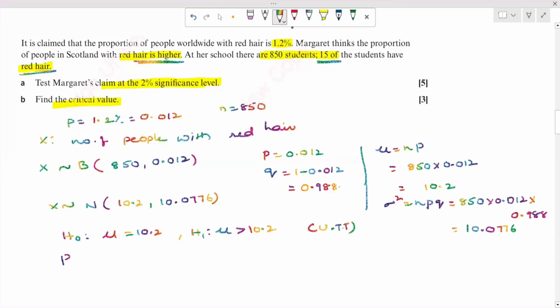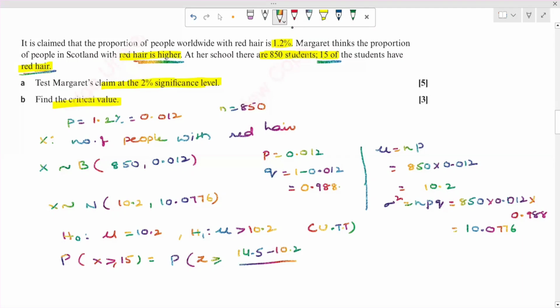So P of X greater than or equal to 15. It's an upper tail test, so it is equivalent to Z greater than or equal to, with continuity correction, 14.5 minus mu by sigma.